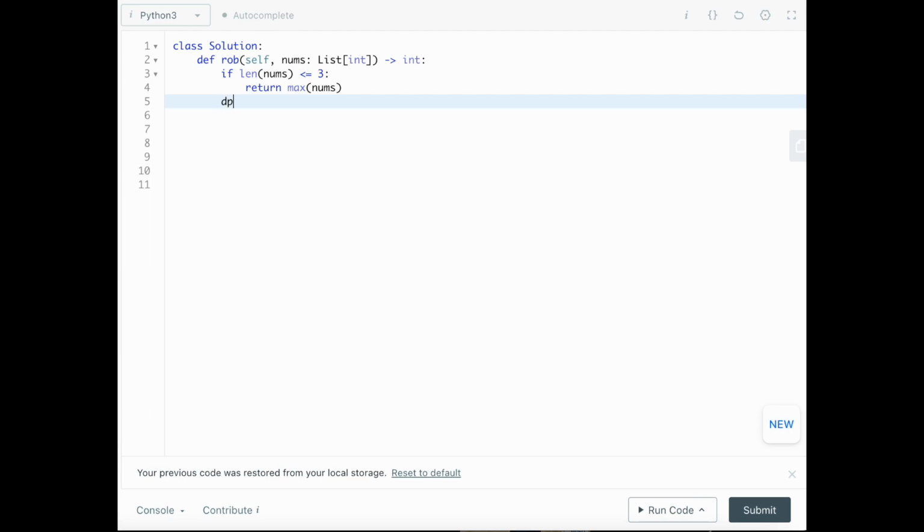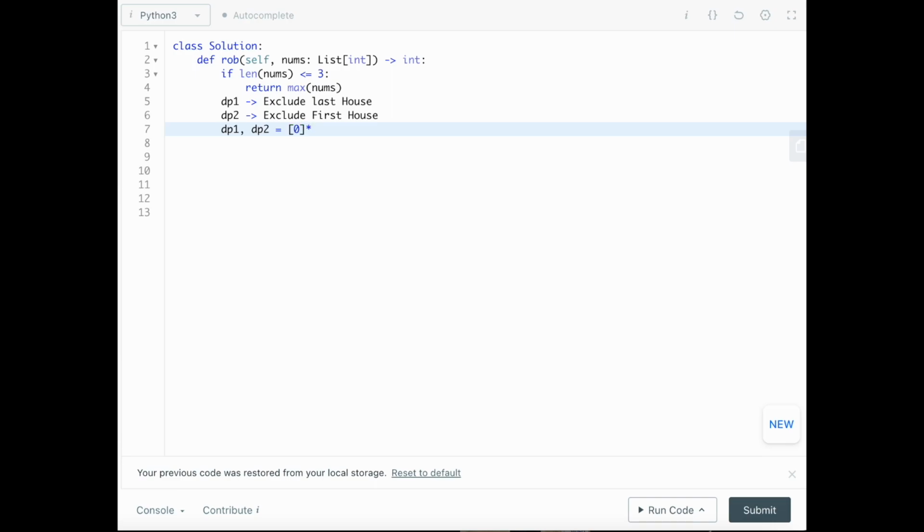So dp1 is going to exclude the last house, and dp2 excludes the first house. dp1, dp2, we are going to initialize initially with all zeros.